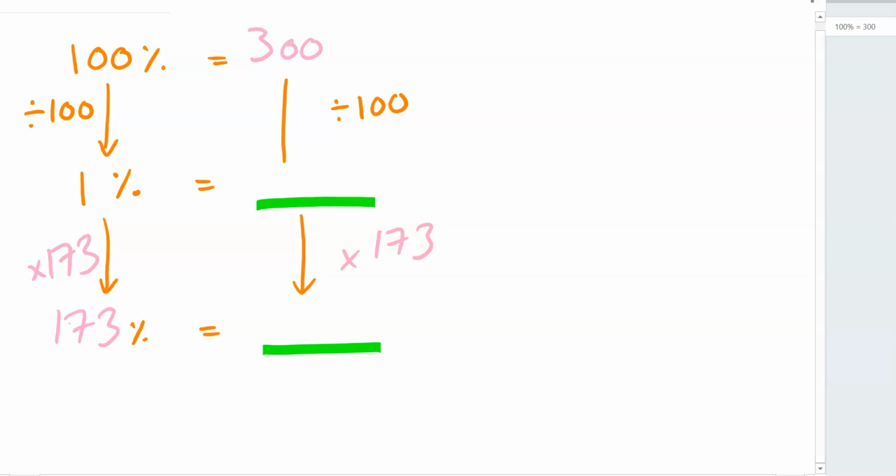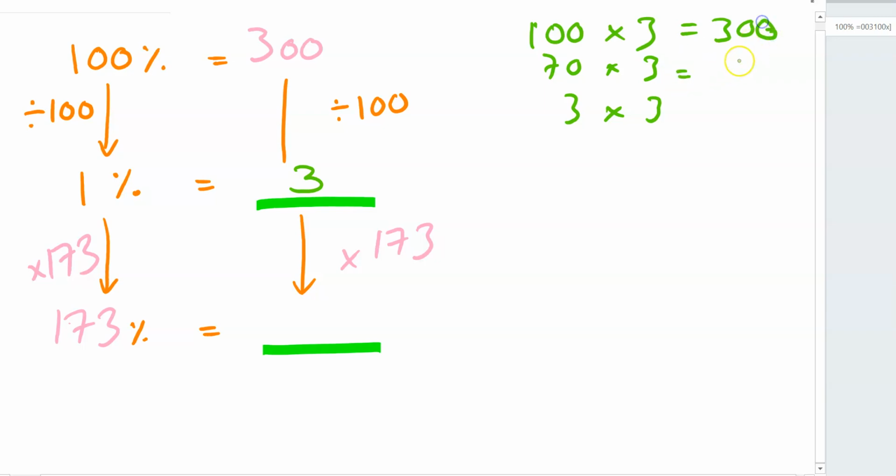So the calculation becomes 300 divided by 100 is 3. So we're going to do 173 times 3. So 100 times 3, 70 times 3, 3 times 3 is 300, 210, 9, add them together, 9, 1, 5, 5, 1, 9.